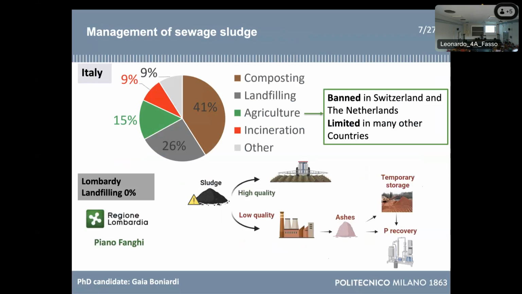And again, in Lombardy region, so Regione Lombardia, with the Piano Fanghi, we have this strategy. So the idea is to send to agriculture the sludge that has high quality, and the sludge that has low quality should go to incineration.